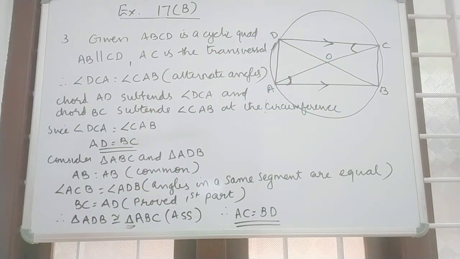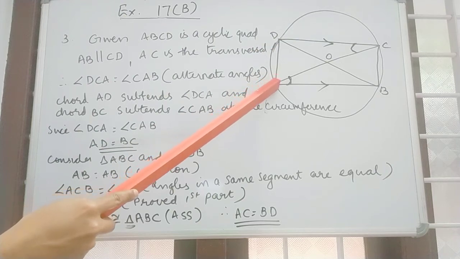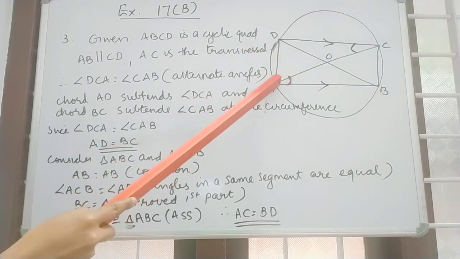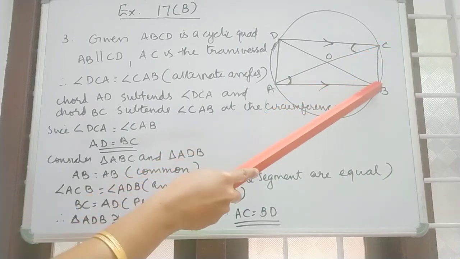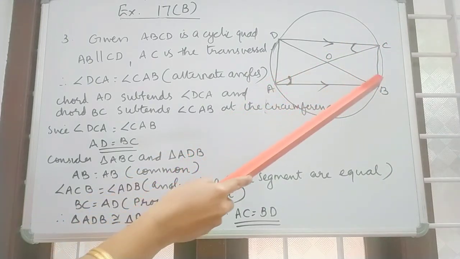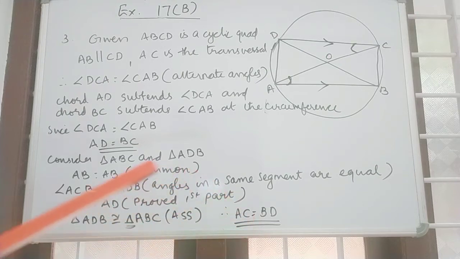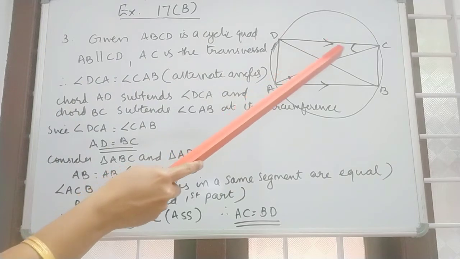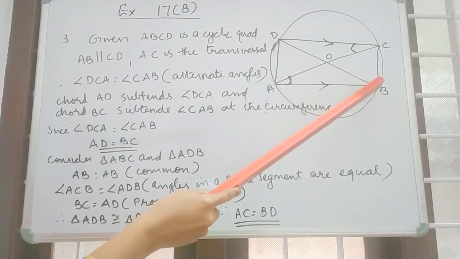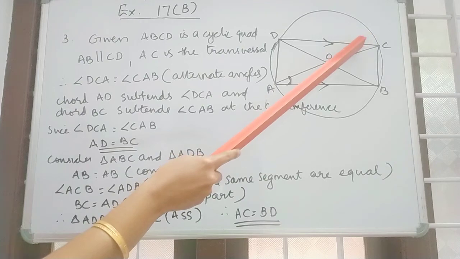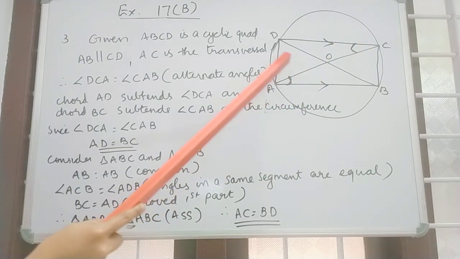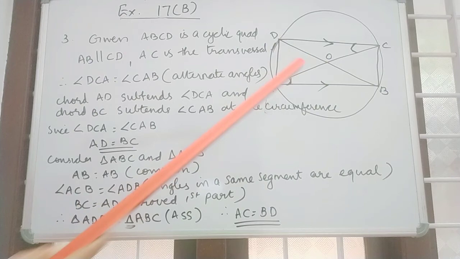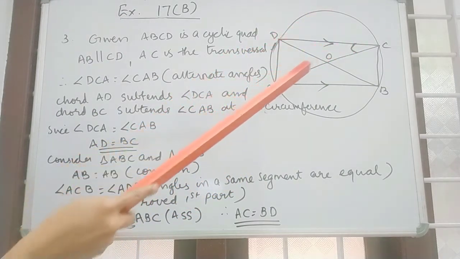Then chord AD subtends angle DCA and chord BC subtends angle CAB at the circumference. Since from the first part, by the alternate angles concept, angle DCA is equal to angle BAC, these two angles are equal, which means the chords opposite to those particular angles will be equal.